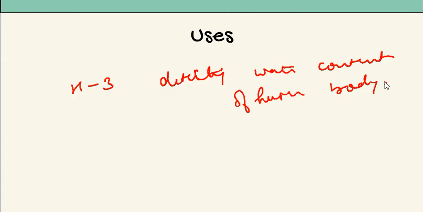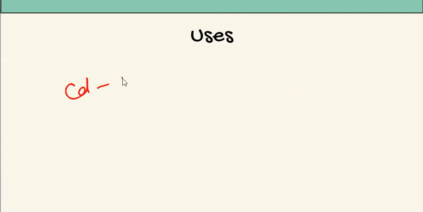Next is cadmium 109. Cadmium 109 is used to analyze metal alloys and for checking the stock and scrap sorting. Next, chromium 51. This isotope is used in research for RBC survival studies.